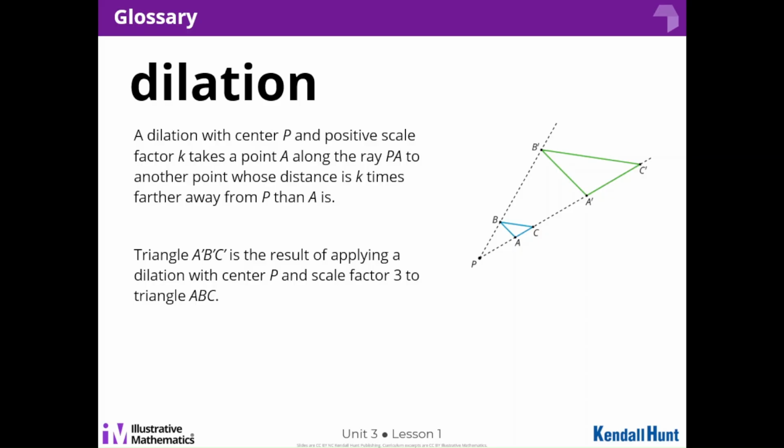So what results is we take the original blue triangle ABC, we make every distance larger by the factor, so in this case, every point is taken 3 times farther. Therefore, every line on the new green triangle is 3 times larger than the original. This is dilation.